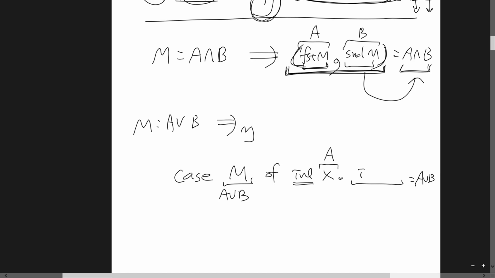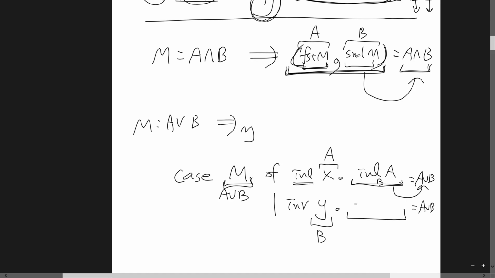You just take injection left of it with annotation B. Then this one has type A disjunction B. If this proof term was injection right, let's say with Y, then this Y is going to have type B. Now you have to create a proof term of type A disjunction B, which is pretty easy.